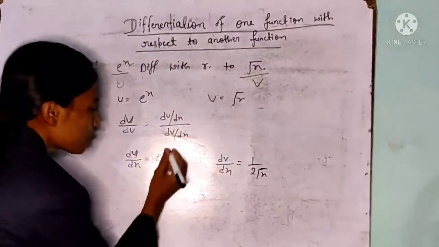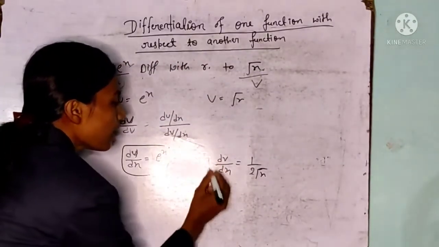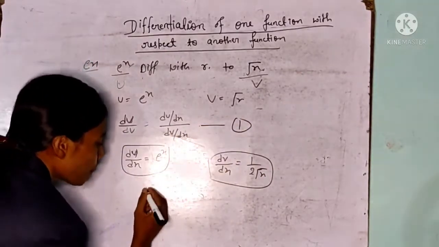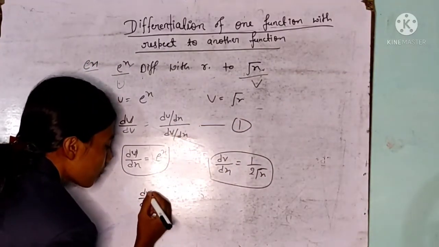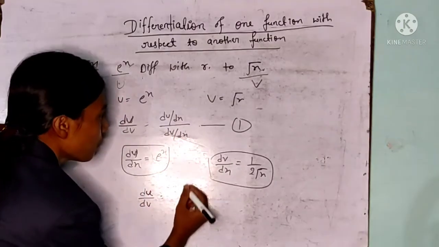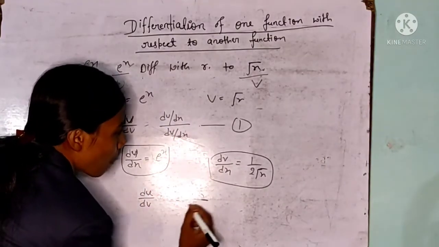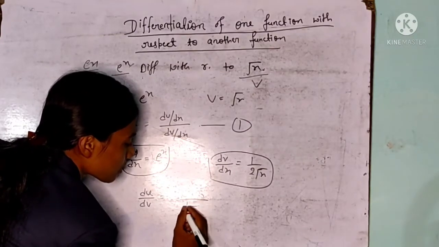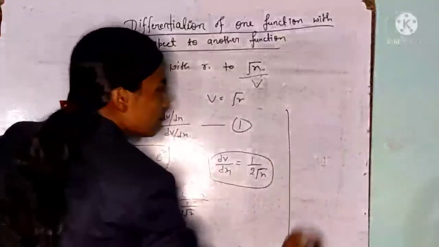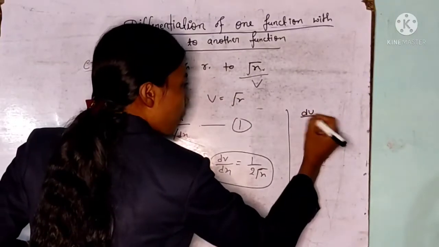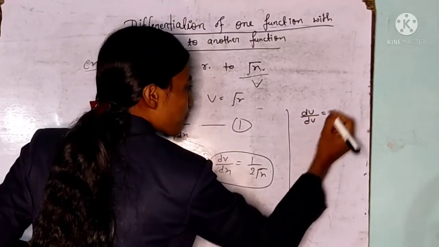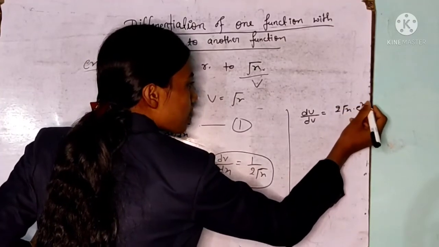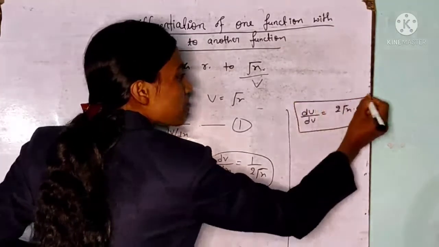Now substitute these values in the first equation. du/dv is equal to e^x upon 1 by 2 root of x, so du/dv is equal to 2 root of x e^x. This is the answer of this question.